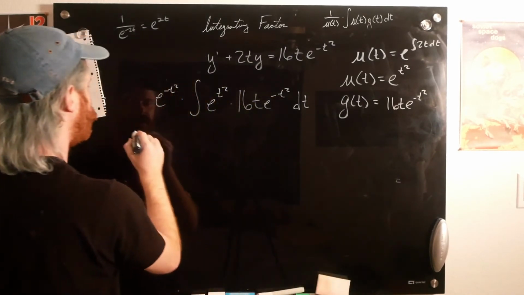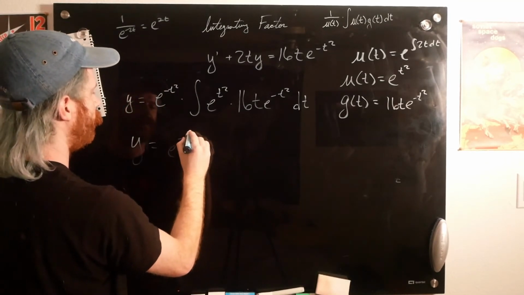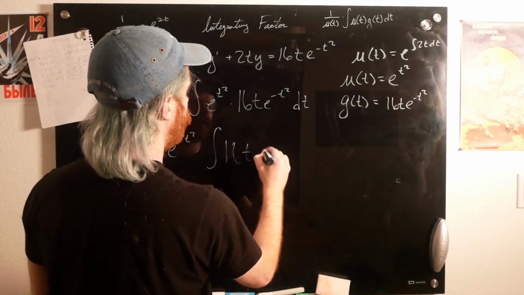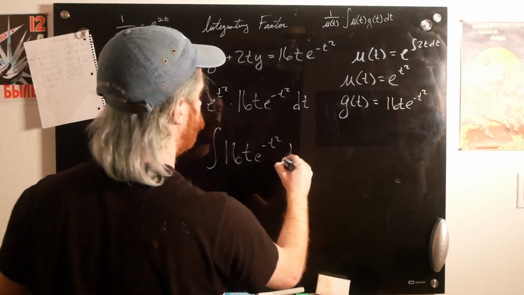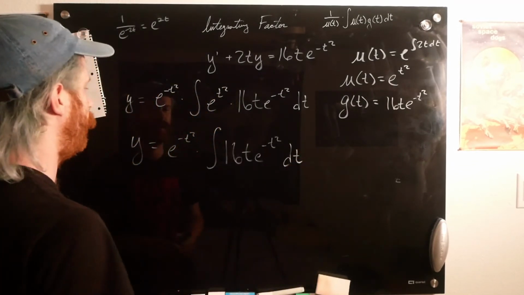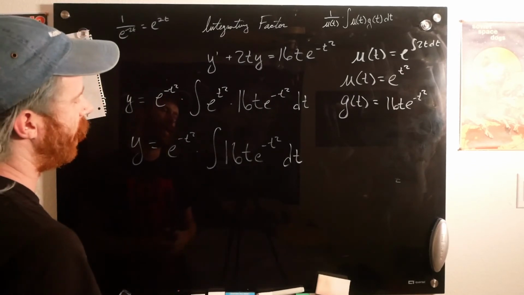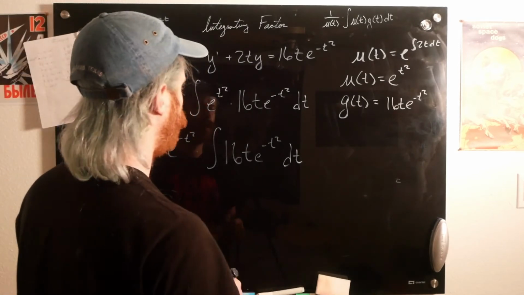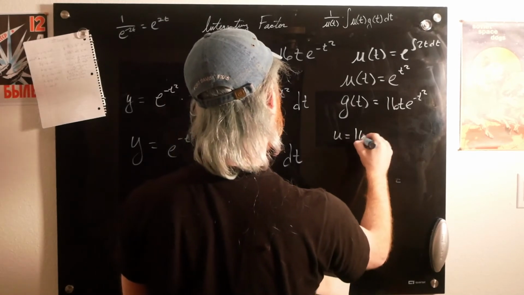So since that's going to cancel and go away, we have y equals e to the negative t squared times the integral of 16t. So this is the integral we have to worry about, right? So now let's go ahead and set this up as integration by parts.